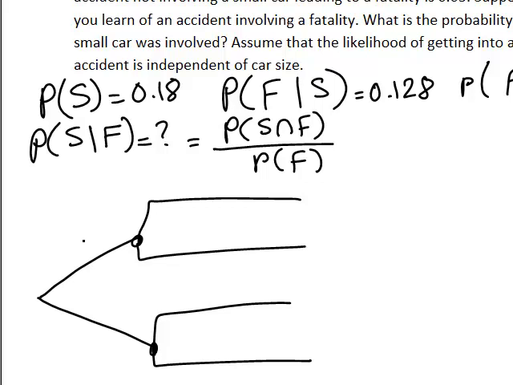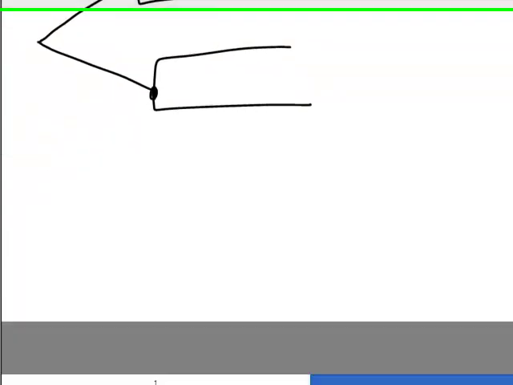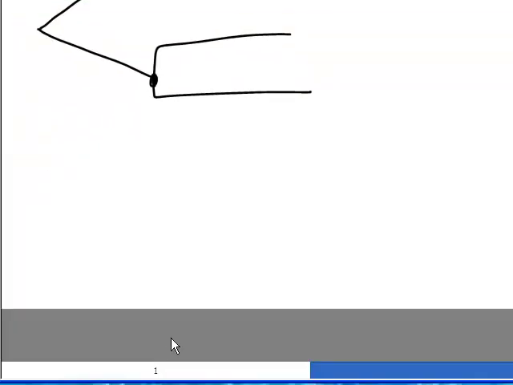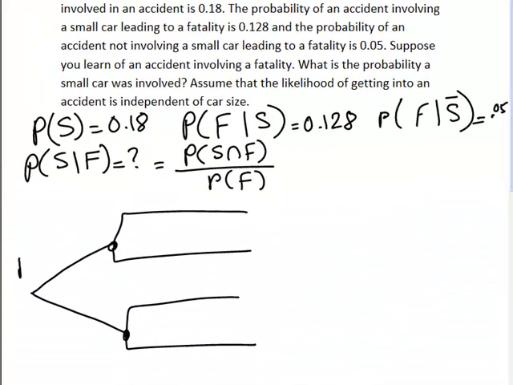Since the simple, marginal, or prior probability of a small car being in an accident is given to us, we'll start our analysis with the probability of S, which is 0.18. So this will be the probability of not a small car being in an accident, which is 0.82, the complement.